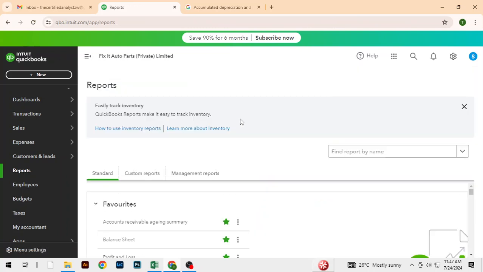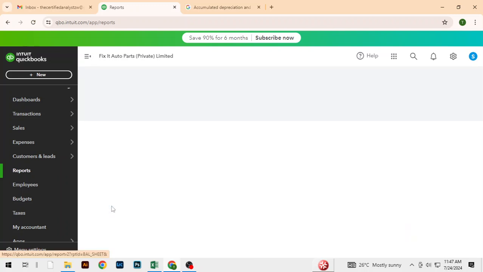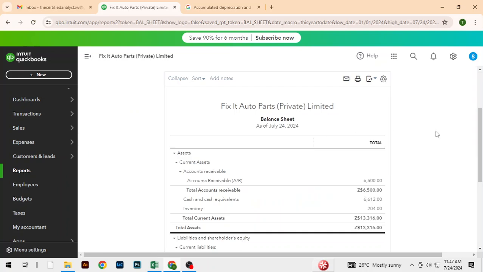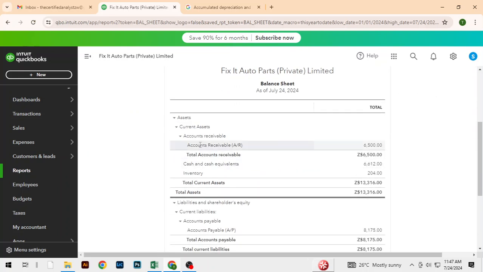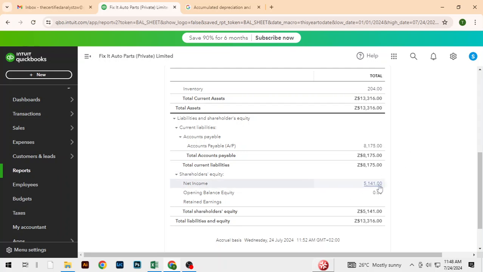Let's go back and let's find the balance sheet. Okay, so if we can come here, we've got accounts receivables of 6.5. Like I said, in the cash flow it said that our accounts receivables grew by 6.5, and then inventory grew by 204, and then the cash, then we've got this amount, then obviously the net income from the income statement.